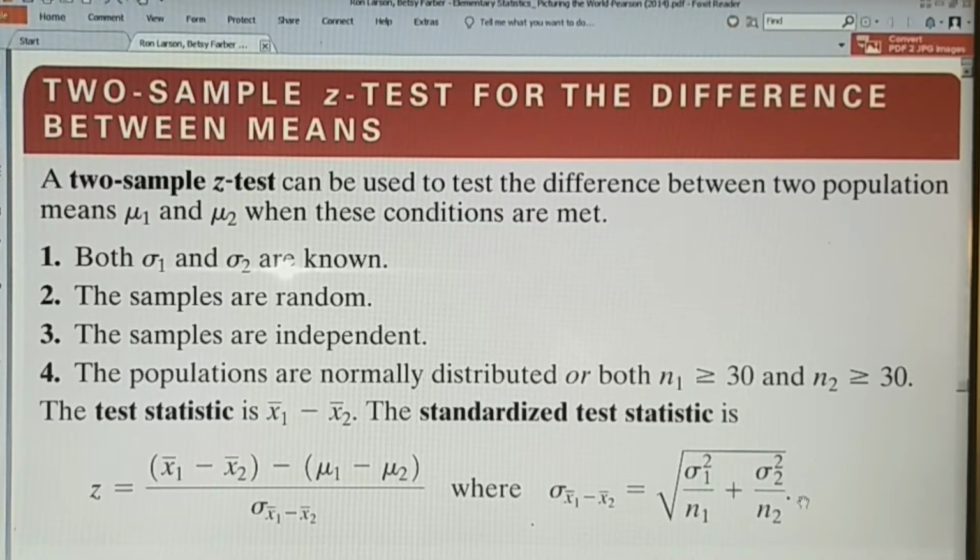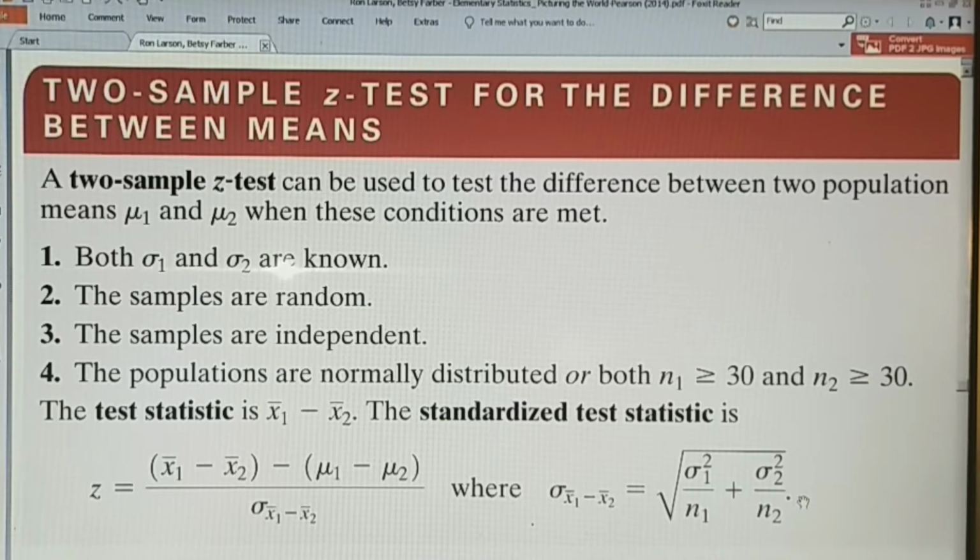So let's have the two-sample z-test for the difference between means. A two-sample z-test can be used to test the difference between two population means, mu sub 1 and mu sub 2, when these conditions are met. Number 1, both sigma sub 1 and sigma sub 2 are known. Number 2, the samples are random.